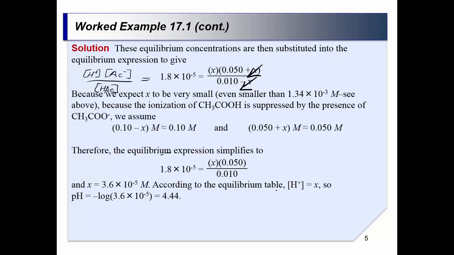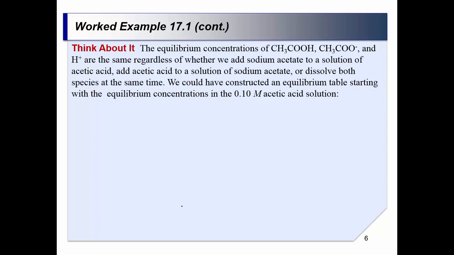Now, on the equilibrium table on the previous slide, the concentration of the hydrogen equals X. So in order to find the pH, I just need to take the negative log of this value because it is the concentration of my hydrogen, and the pH is 4.44.